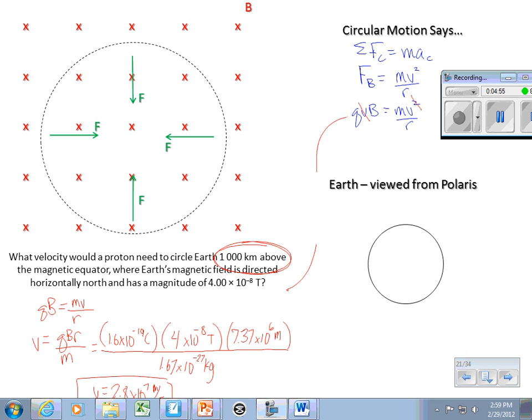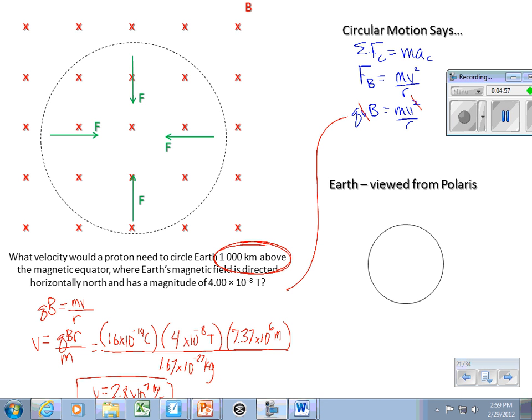So what does this look like viewed from Polaris, the North Star? Well, let's see. That means this is our geographic North Pole, which is really a magnetic south. Forget about that. That means that the field, let's see, fields go from north to south, from magnetic north to south.